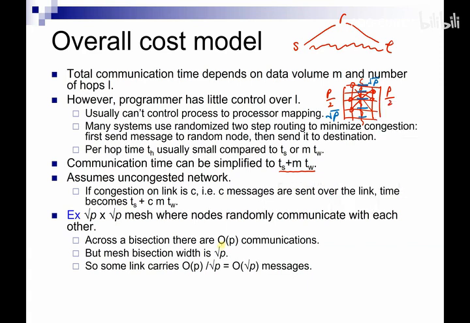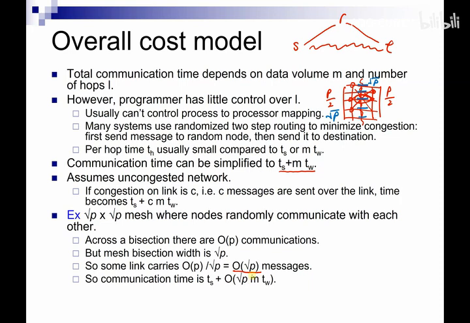So we're trying to send order P messages across root P links, and therefore one of the links will have at least P divided by root P, which is equal to root P messages. So there's going to be some link, let's say this link, that is carrying root P messages instead of a single message. So the congestion on this link is going to be root P.